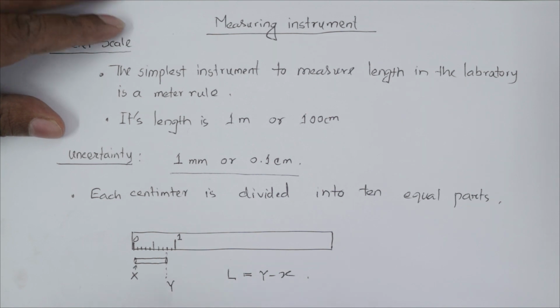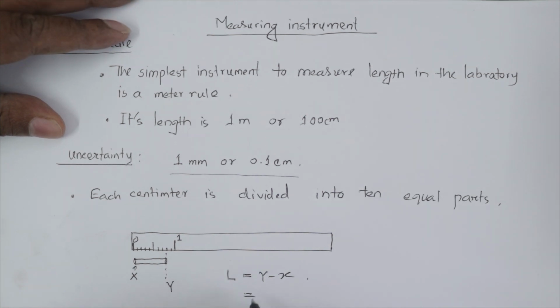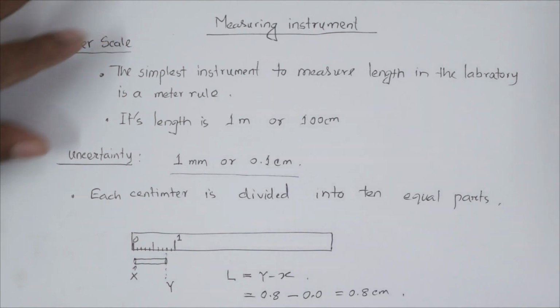So in this case, the reading of the y mark is 0.8 centimeter minus 0, so 0.8 centimeter is the length of the rod.